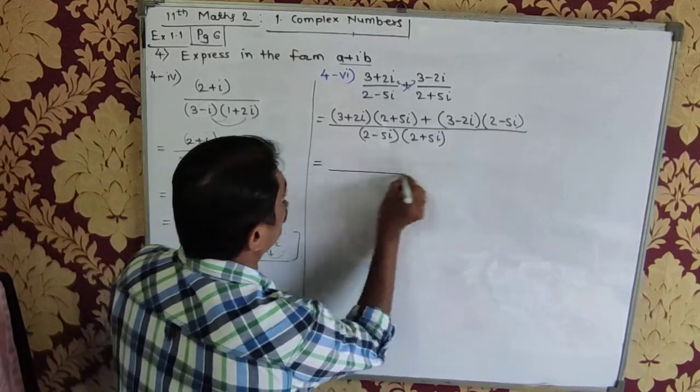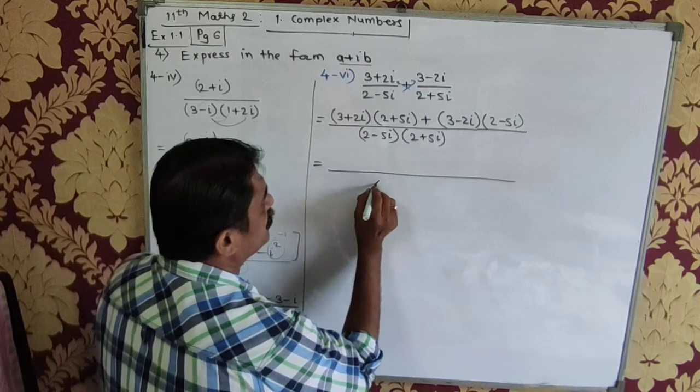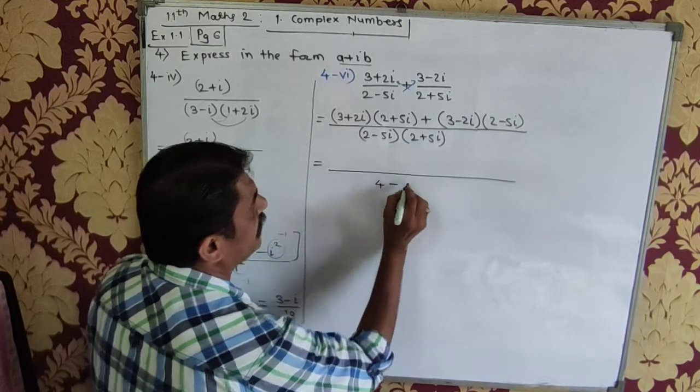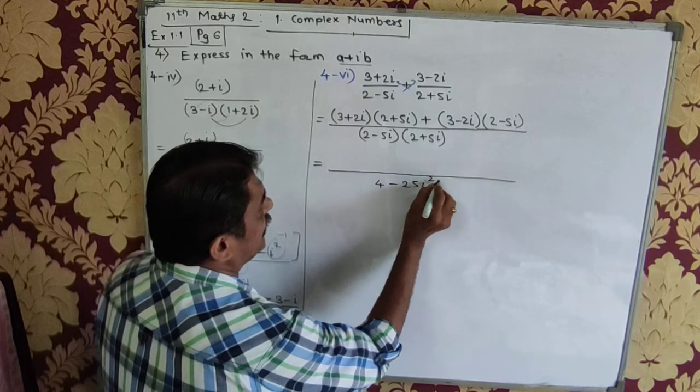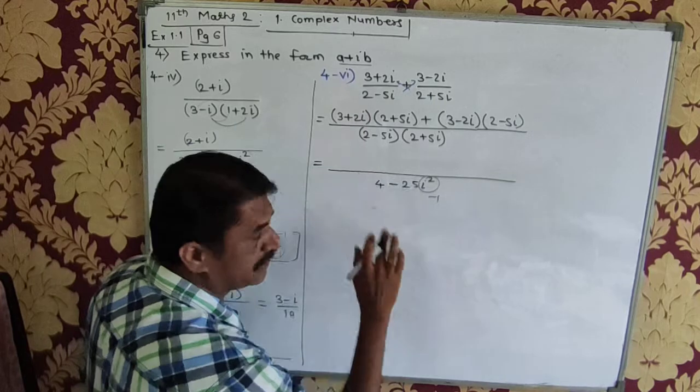That is equal to the denominator a minus b, a plus b, a square minus b square, 2 square 4 minus 25i square. But i square is minus 1 and this is plus 25, plus 4, 29. Okay?